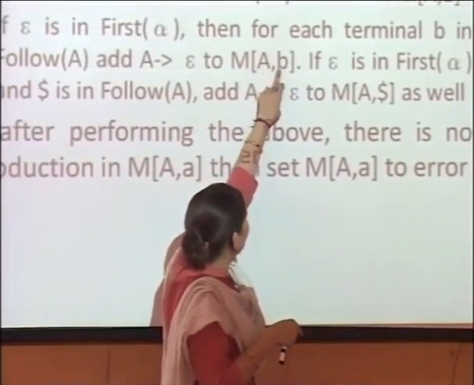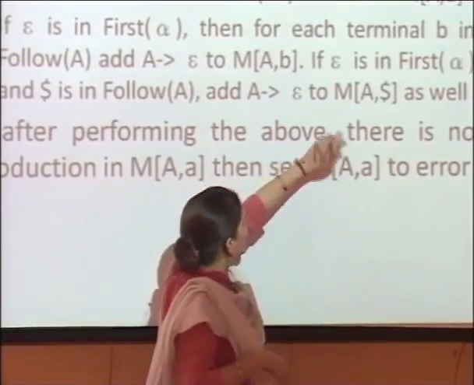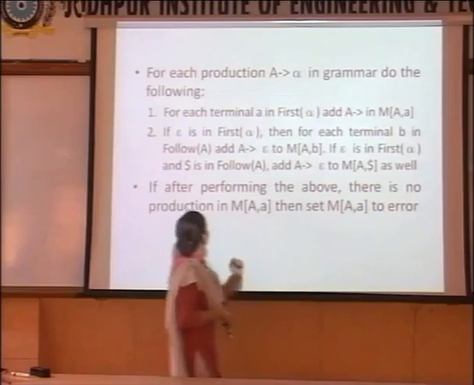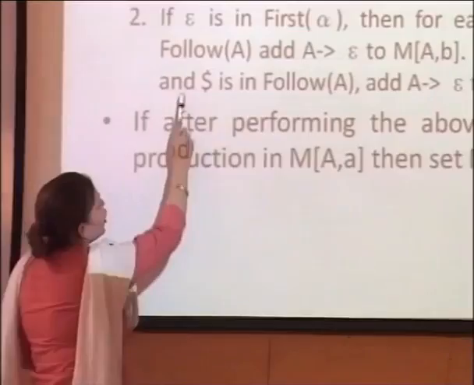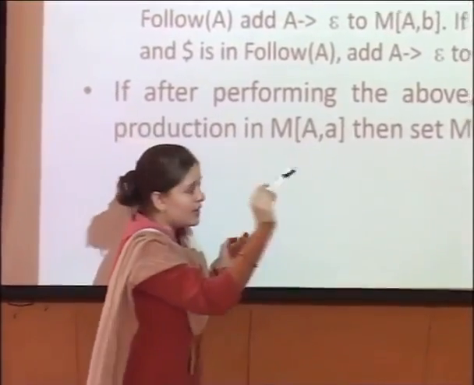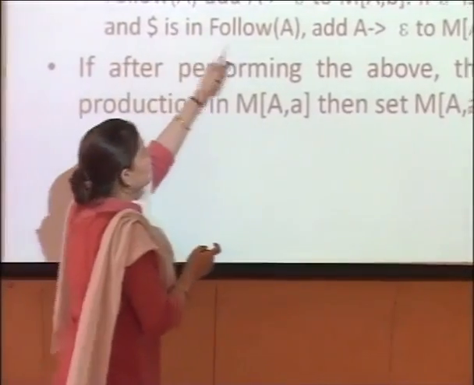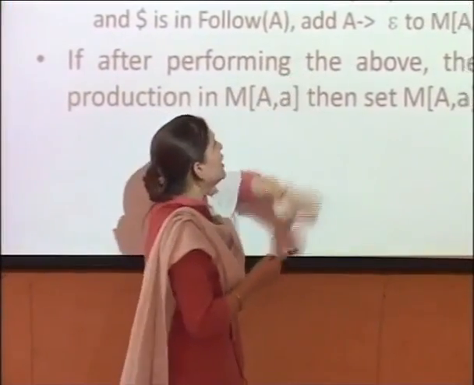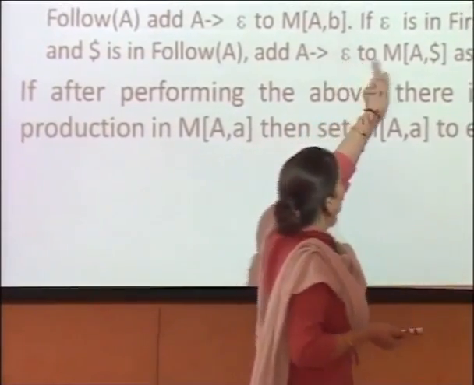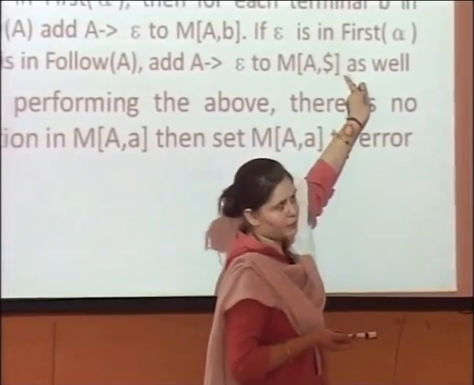That means for this A comma b, we will make an entry of this one. If null is in first of alpha and dollar is in follow of A, then add this capital A production with null to the parsing table for this end marker.